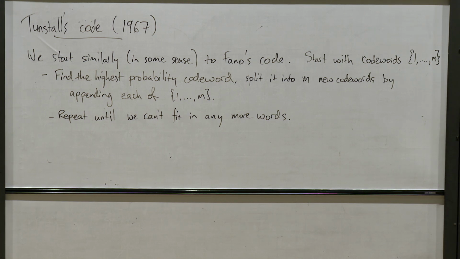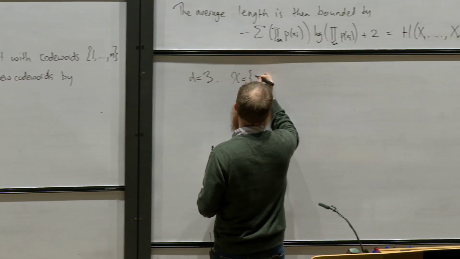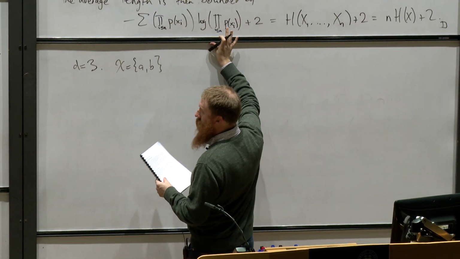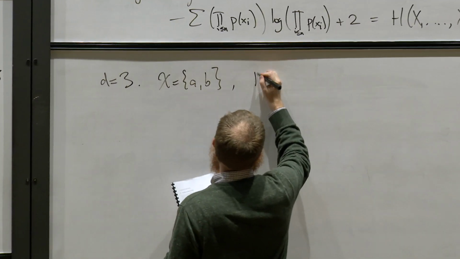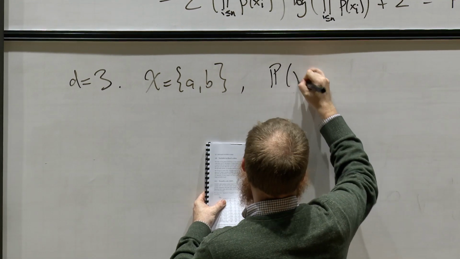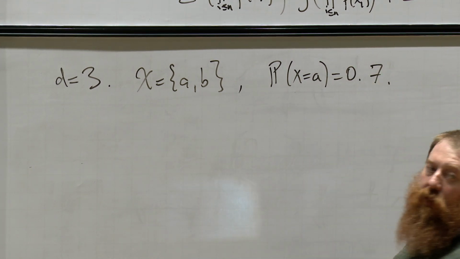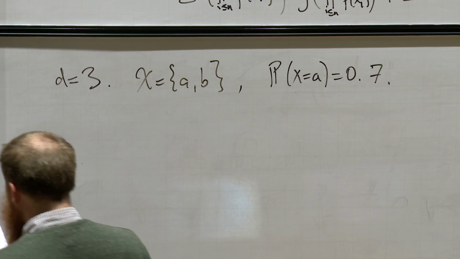Okay, so let's say d equals 3, X, I'll say it's A and B just to make life a little bit more interesting. Just use A and B instead of numbers to prevent confusion. P of X equals A equals 0.7, and we will assume everything is IID. So what are we going to do?